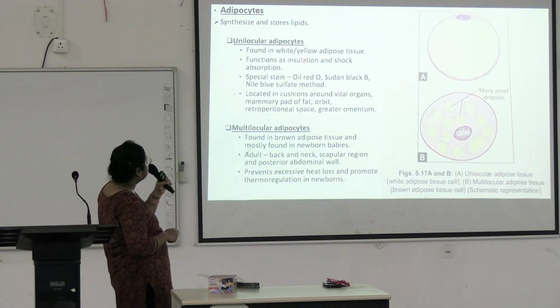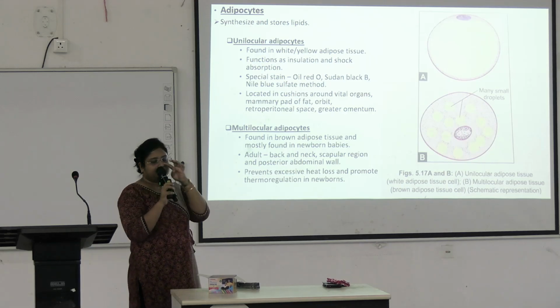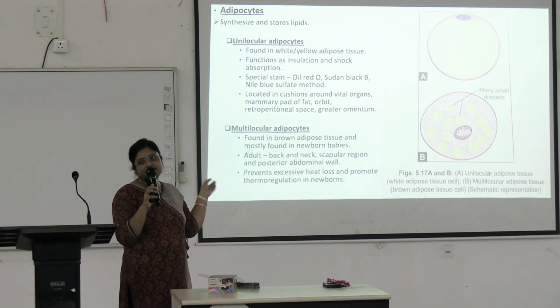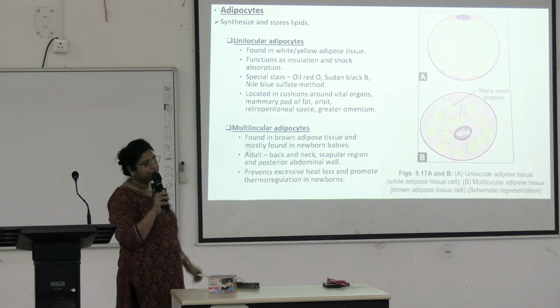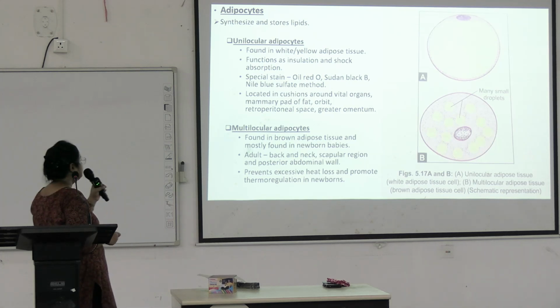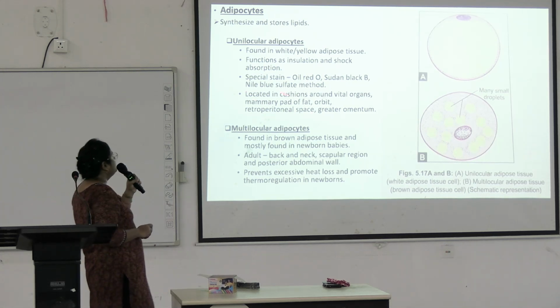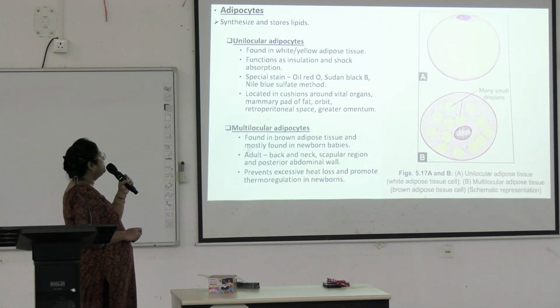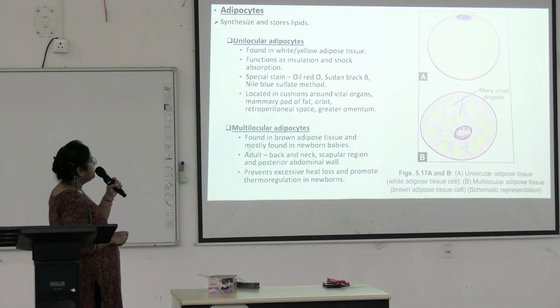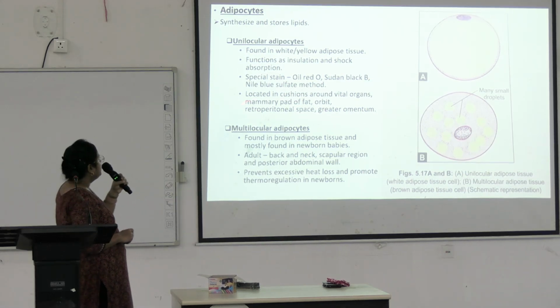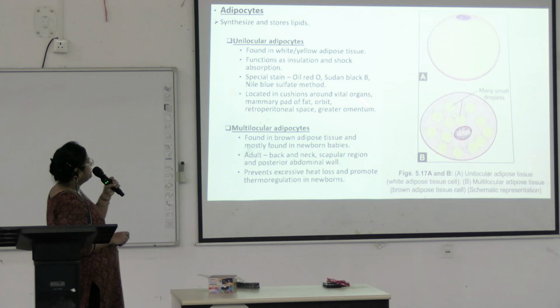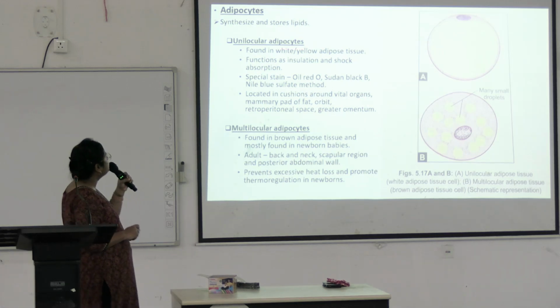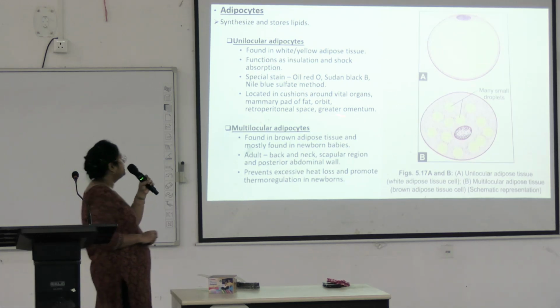Mainly this oil red O you should remember. For fat staining, oil red O is used. It is located in cushions around the vital organs, mammary pad of fat, and orbit, retroperitoneal space, greater omentum. So these are the locations of unilocular adipocytes.